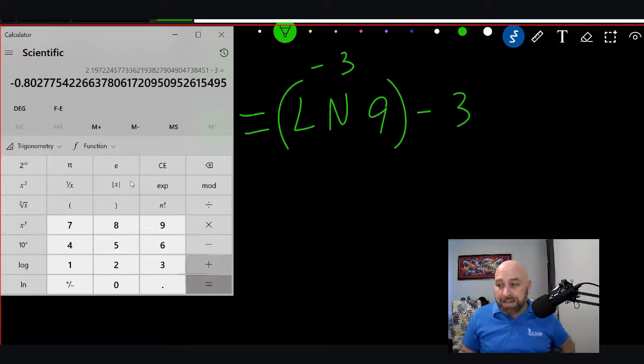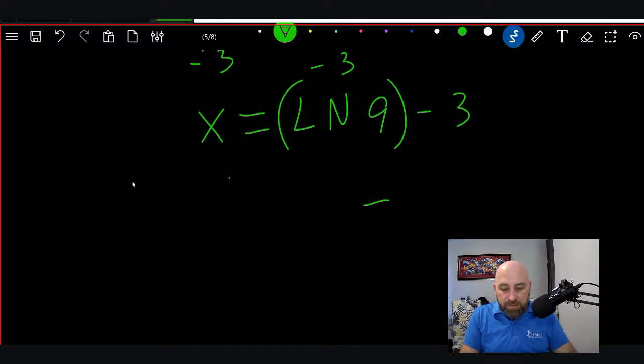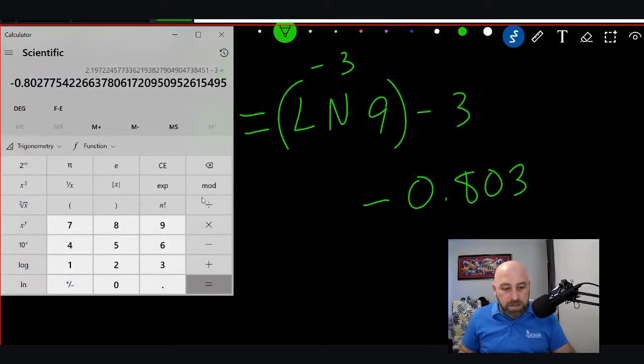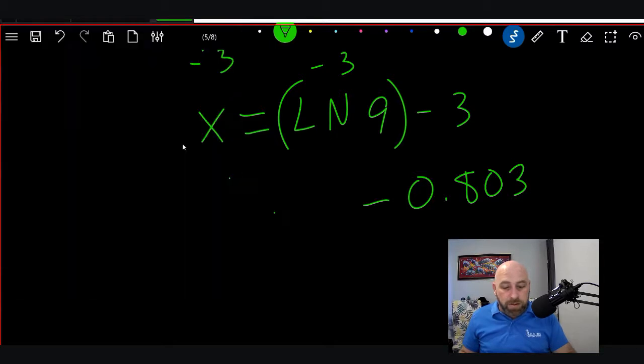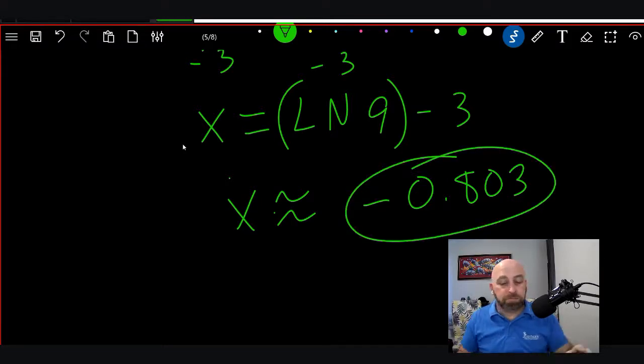And I would get negative 0.803 would be my answer. And now that wouldn't be my answer. That would be x is approximately equal to that. Okay, because don't forget, that's a rounded off number.